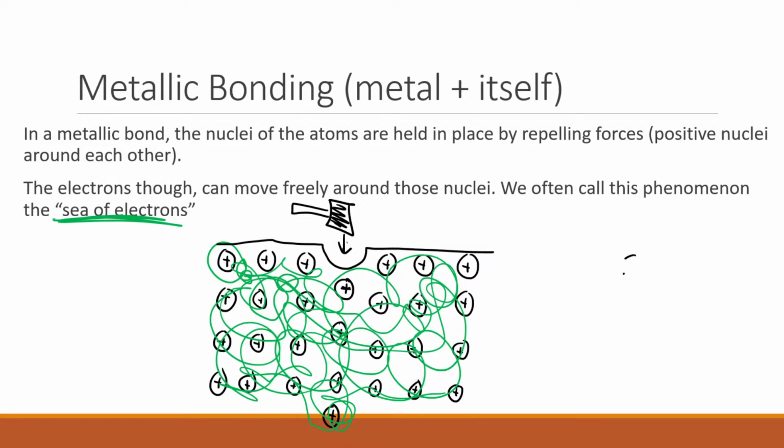The fact that there are no firm bonds, like we have in a covalent substance, means that there's nothing that can really break. So if I hit a covalent substance with a hammer, the H will break off, and we'll end up with this bond being broken and shattered.